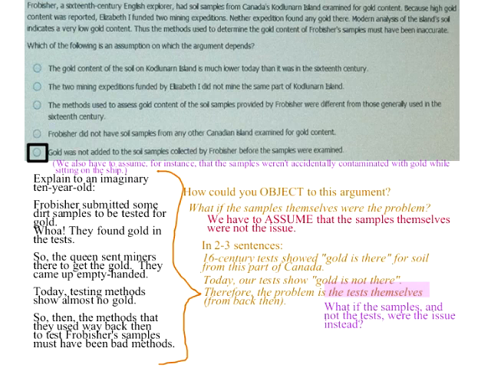So if you negate choice E, choice E says gold was not added to the samples. So if you negate that, you get it was. Gold was added by Frobisher himself before the tests were run on the samples.